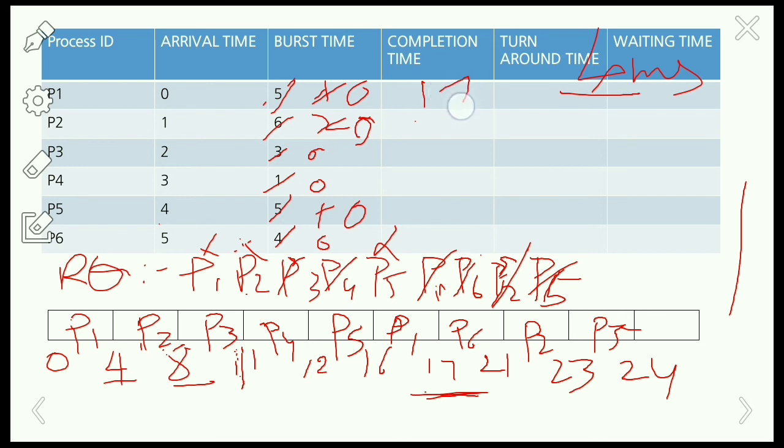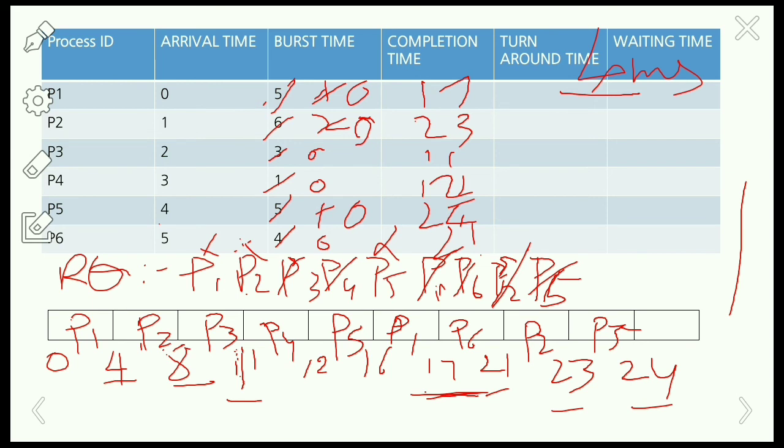Here the completion time is 17, for P2 it is 23, for P3 it is 11, for P4 it is 12, for P5 it is 24, and for P6 it is 21.